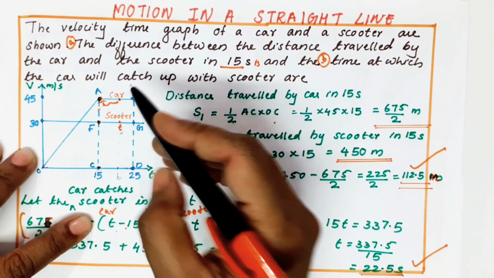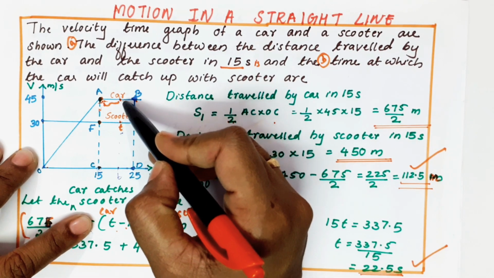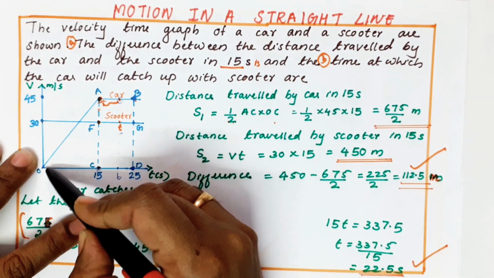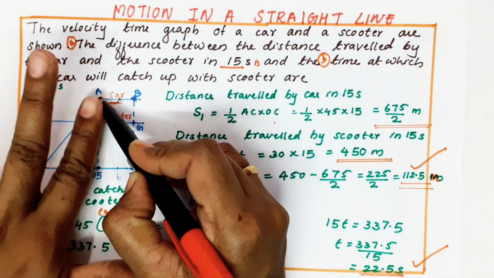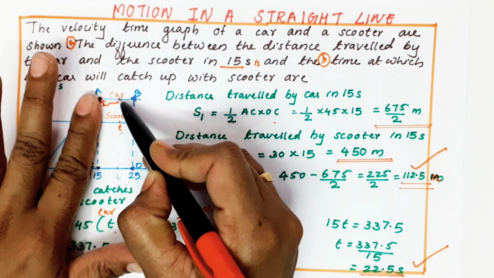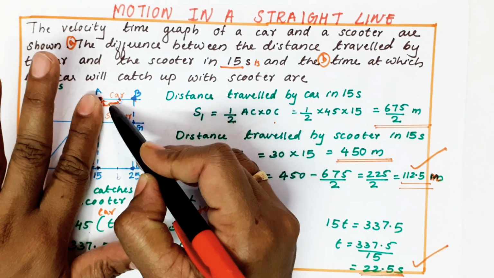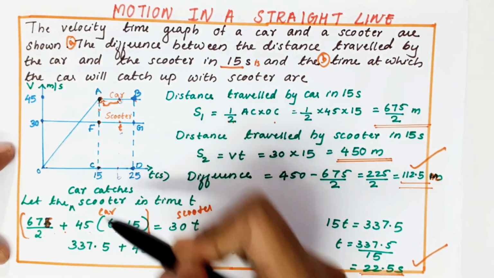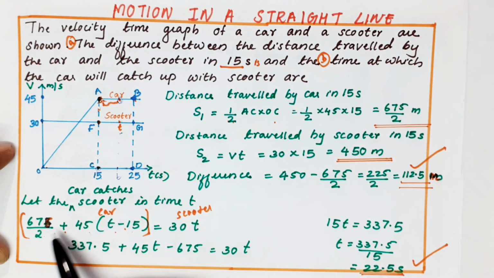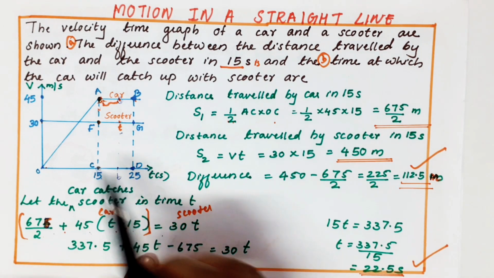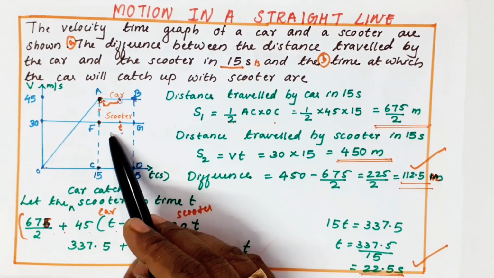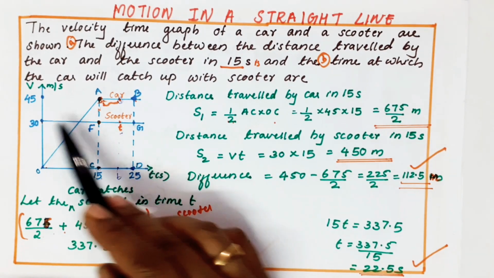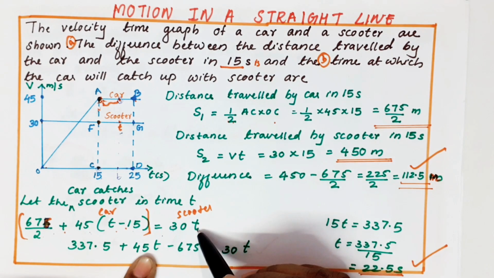When the car reaches this point, the car has to travel the distance we already calculated plus this distance. This distance is speed into time, and time I am taking as t minus 15. So it is 675 by 2 plus 45 into t minus 15 equals, for the scooter no problem, we know it is a straight path, which means constant speed, that is 30 into t.